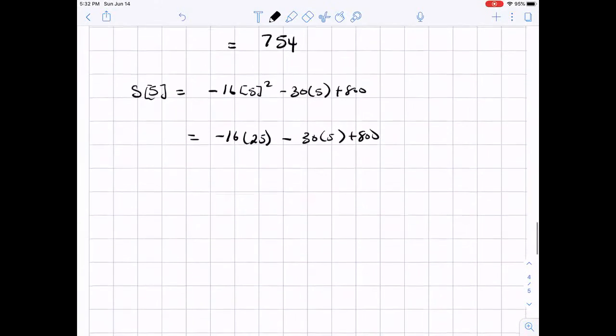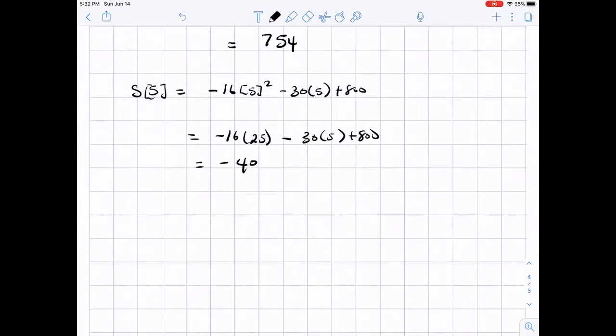And negative 16 times 25 becomes negative 400. And this becomes minus 150 plus 800. So minus 400 minus 150 plus 800 becomes 250.